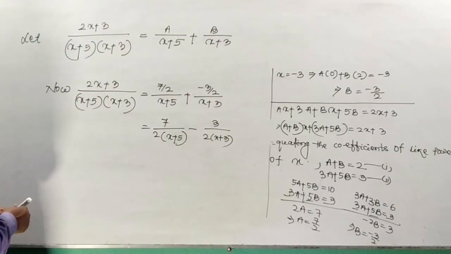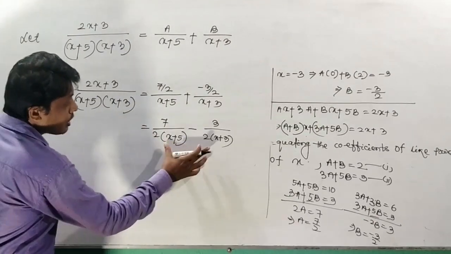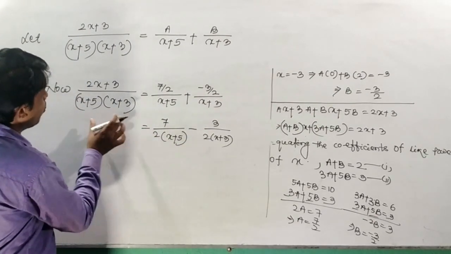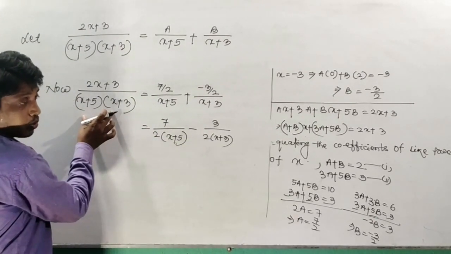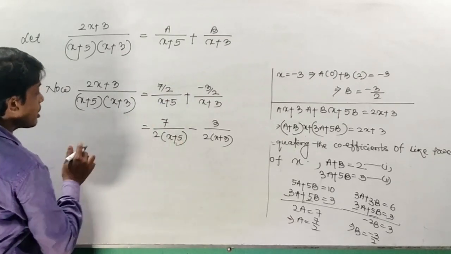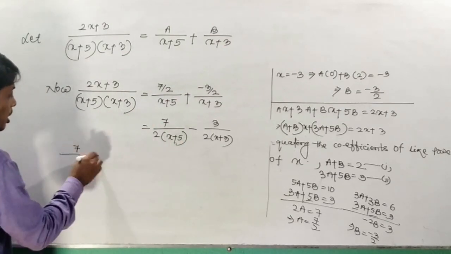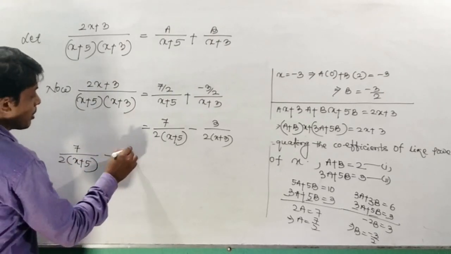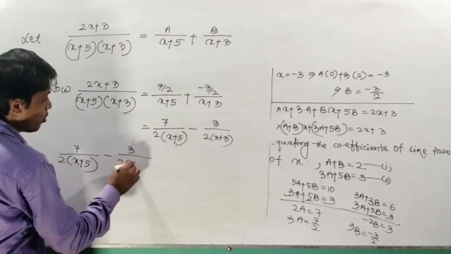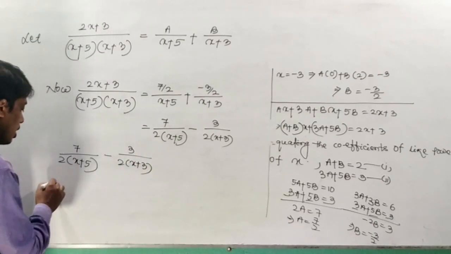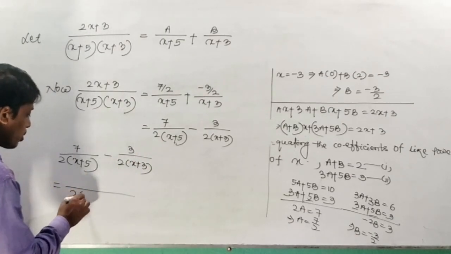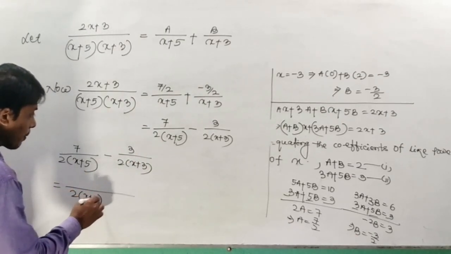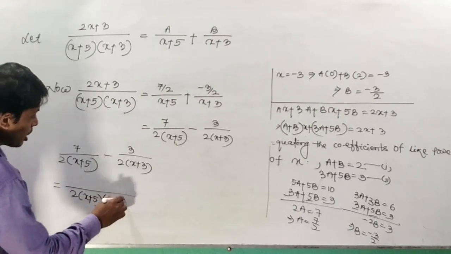Now let us see whether the sum of this will be equal to this or not. Solve this. 7 by 2 into (x plus 5) minus 3 by 2 into (x plus 3), the LCM is 2 into (x plus 5) into (x plus 3).